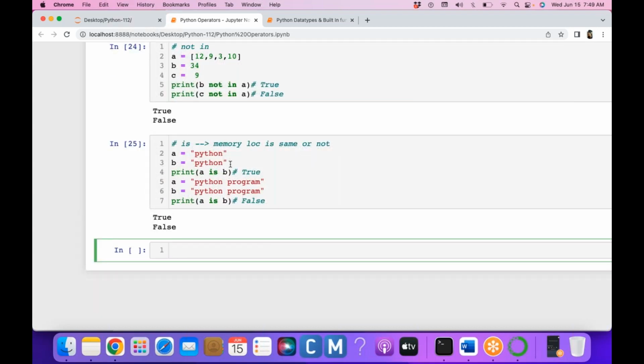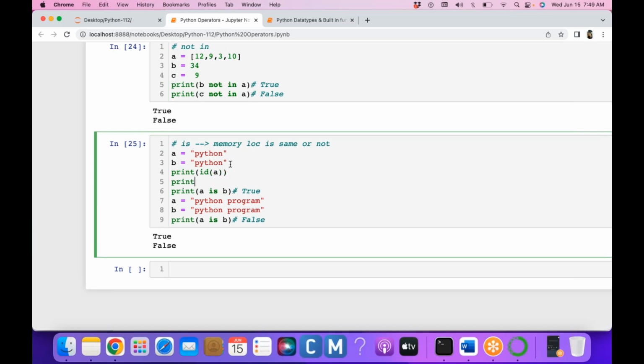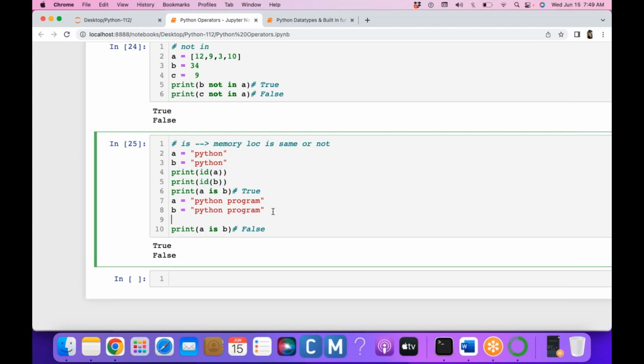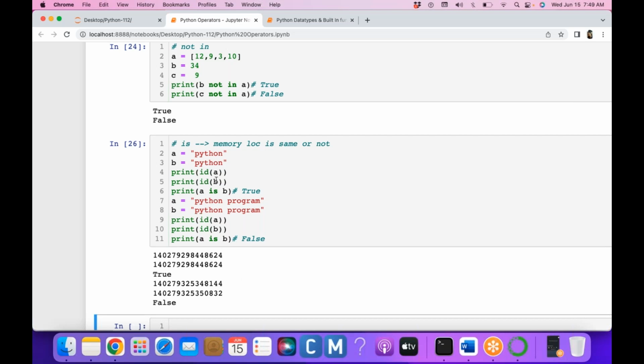So why does it return false? If you want to check it out, then we have to find the memory location of A before executing A is B, and find out the memory location of B. In the same way for the second example, we can find the memory location of A and of B. For the first, A and B hold the Python, the memory locations are the same, so it returns true.